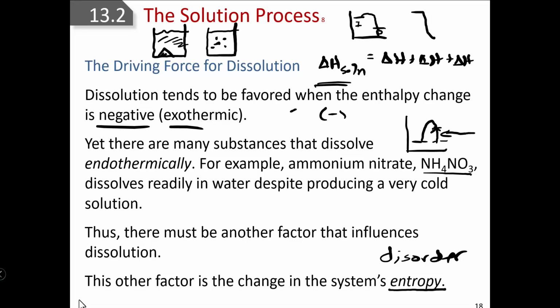And so we can see once mixing occurs, there's more disorder in this outcome than if we leave the ammonium nitrate as a solid surrounded by the solvent water. So entropy is going to be a major topic of Chem 180. We're going to visit it multiple times this semester, but it is a driving force for processes, and it's also a driving force for chemical reactions.